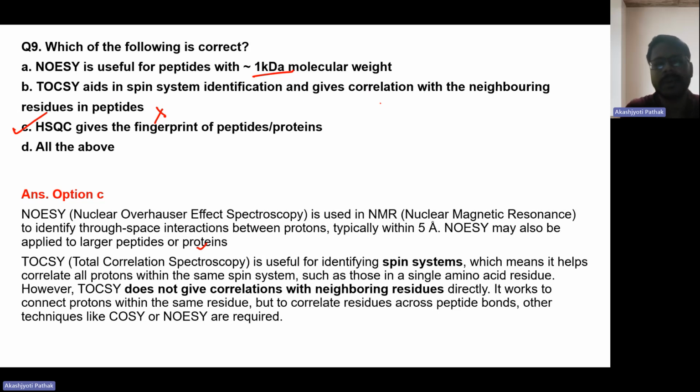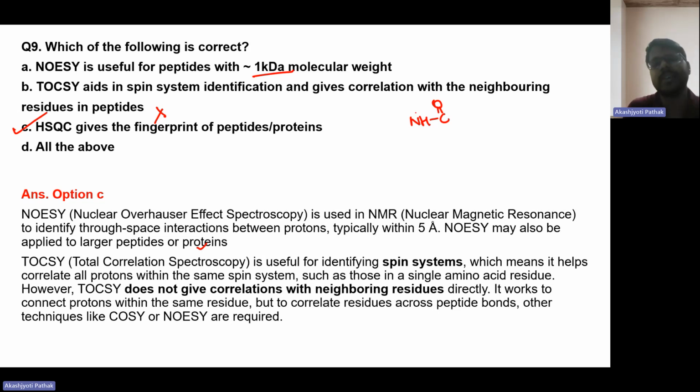So this is false. Why? Because here you will have this NH and then you will have this CO group. Once you have this CO group, then the TOCSY will not give you any peak for the neighboring residue in the peptide.